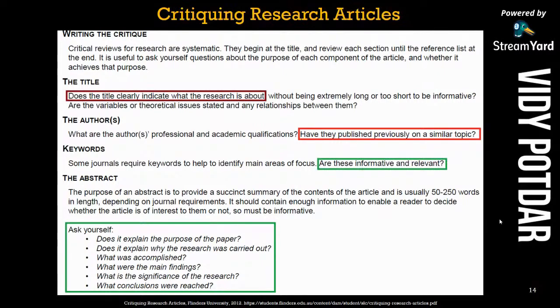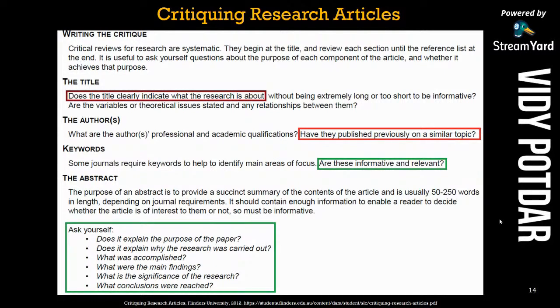The title. Does the title clearly indicate what the research is about without being too long or too short? That is the first thing. Is the title clear? By reading the title, can I understand the main contribution of the paper or not?